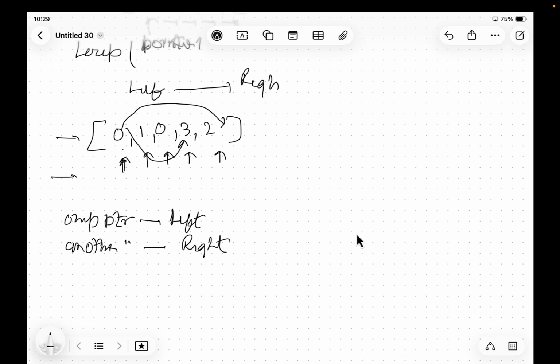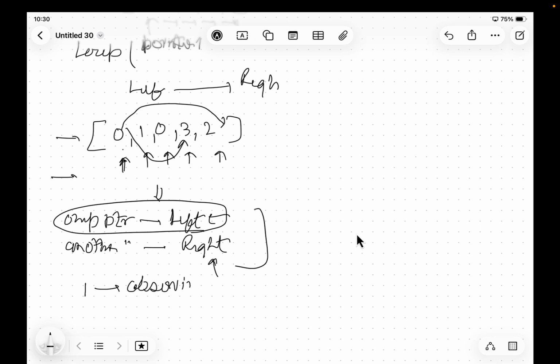One pointer is going to scan the array, and another pointer is going to decide where we have to place that element, or where this element should go. So I have control over scanning, and I also have control over where to place. One pointer is observing and the other pointer is controlling the movement.